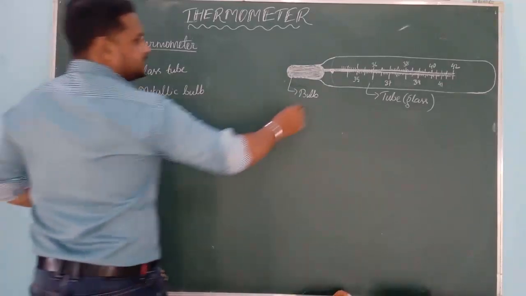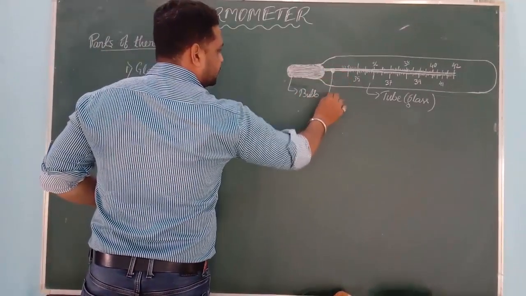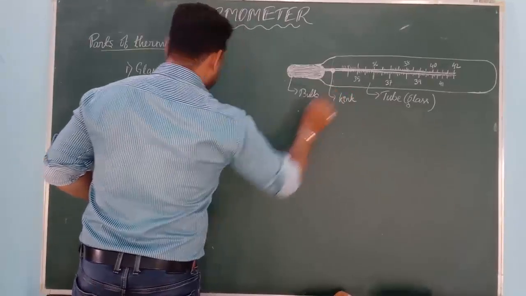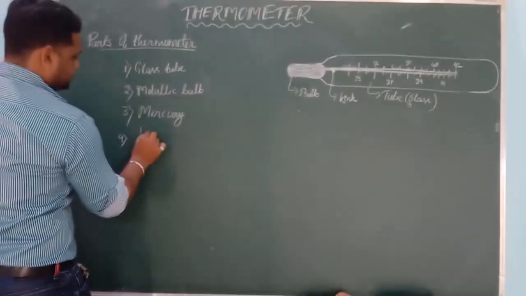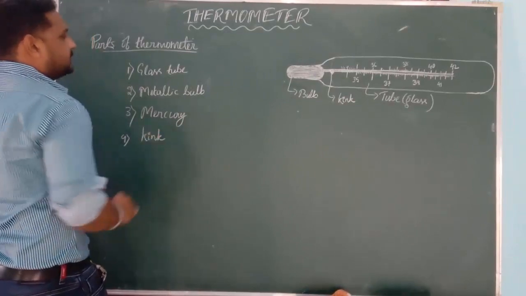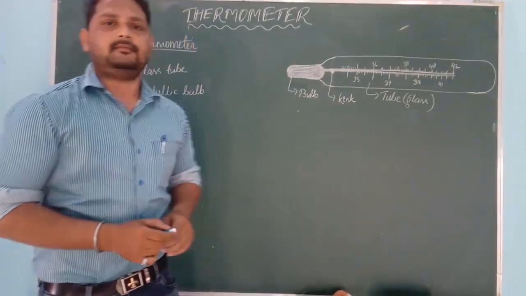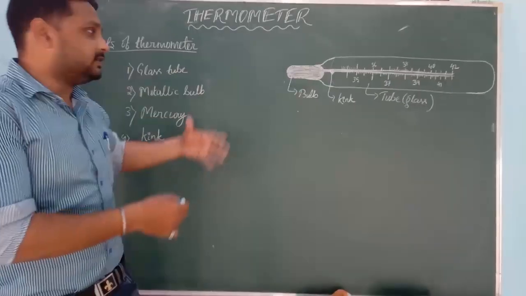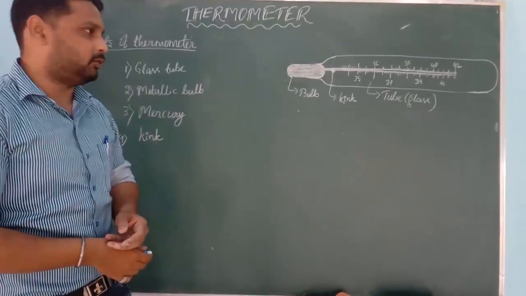Then it contains a small triangular portion called the kink. Don't worry, we will study its function when we study the working of the clinical thermometer.